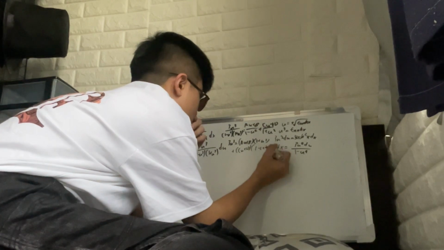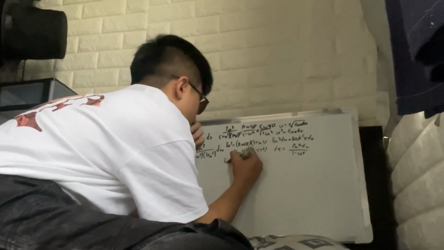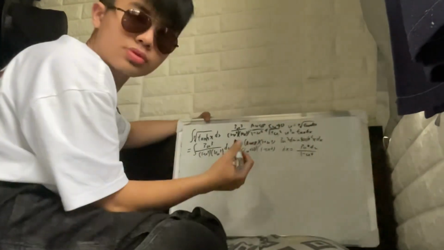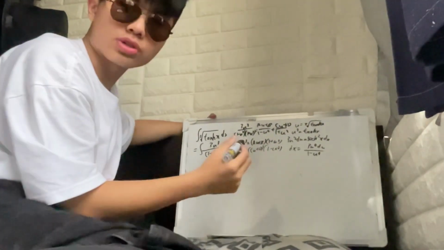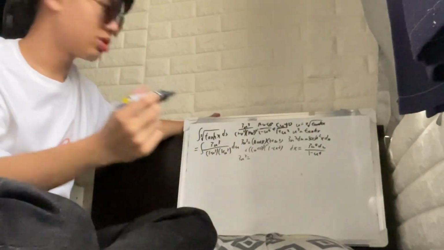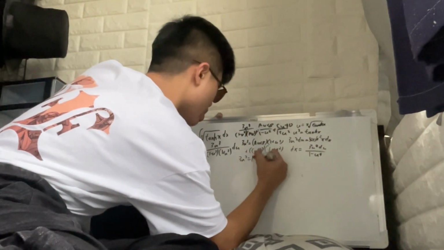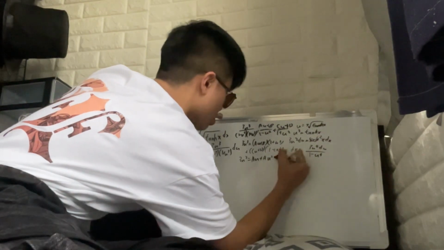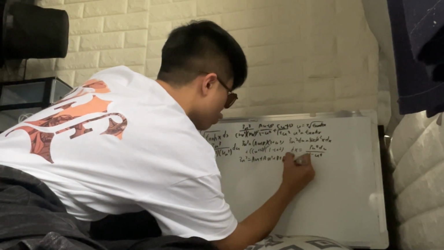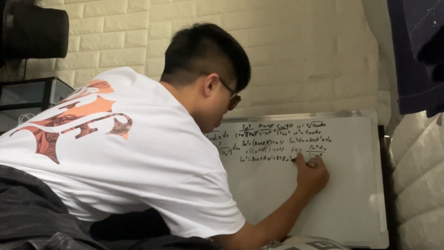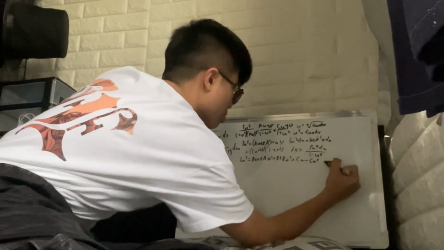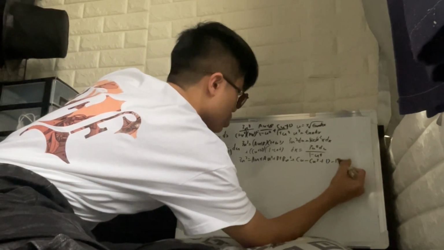So expand it, you get au plus au cubed plus bu squared plus cu minus cu cubed plus d minus du squared, like that.